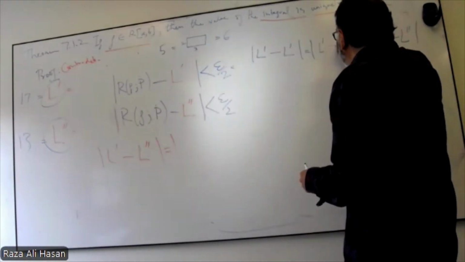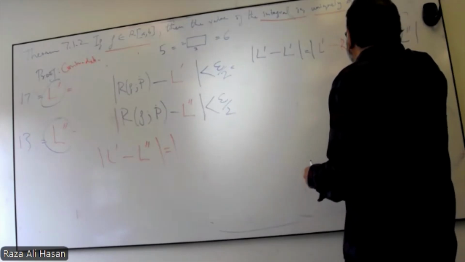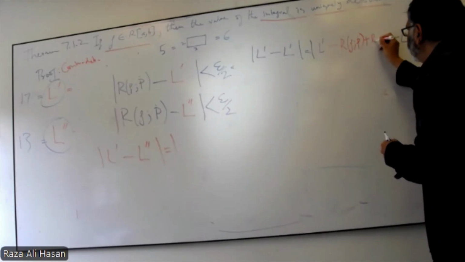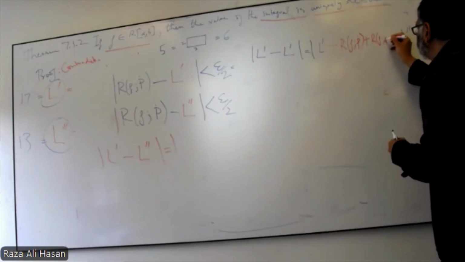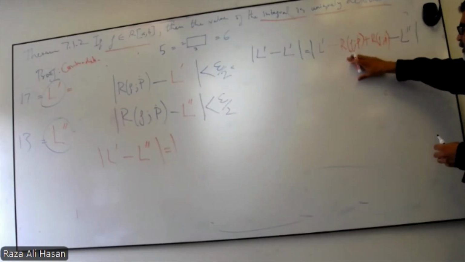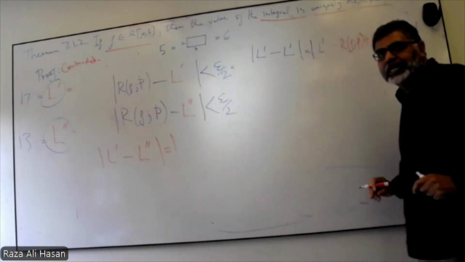So I'm going to do minus R F comma, and I'm going to add another one of these guys. I added and subtracted the same approximate sum. Therefore, this whole thing is the same as this. No change has happened.